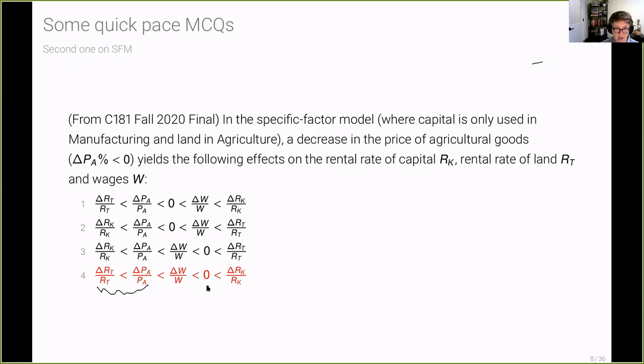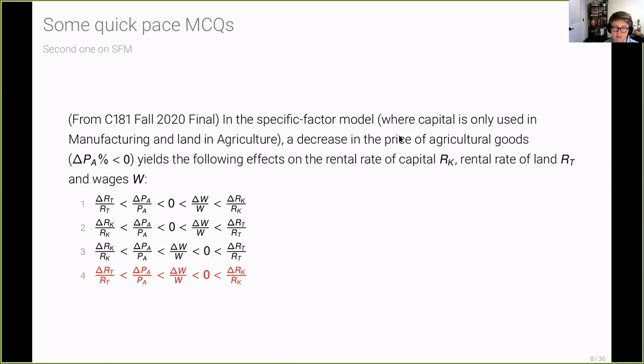So we want to have that the change in RK is greater than 0. However, in general, the fall in the price of agriculture is going to affect our economy negatively, and so the change in the workers' wages is going to be less than 0. So that's how I would think through a question like this.